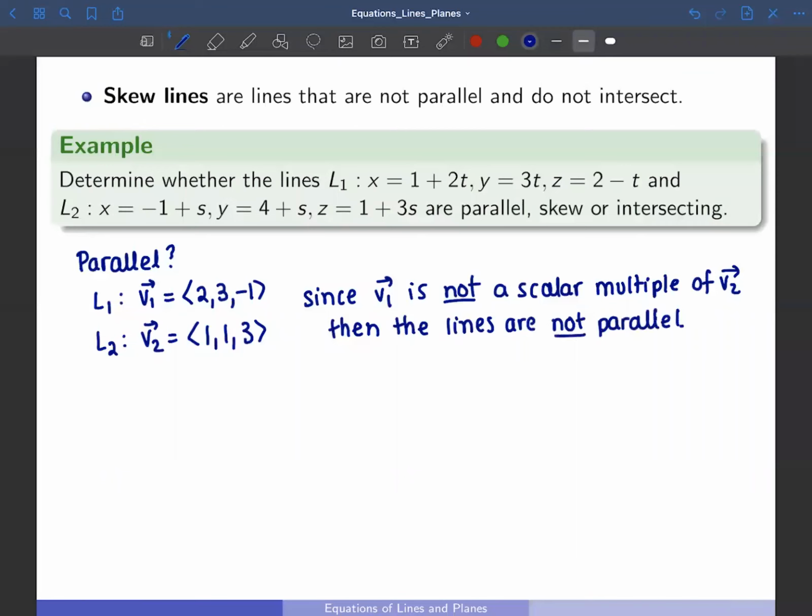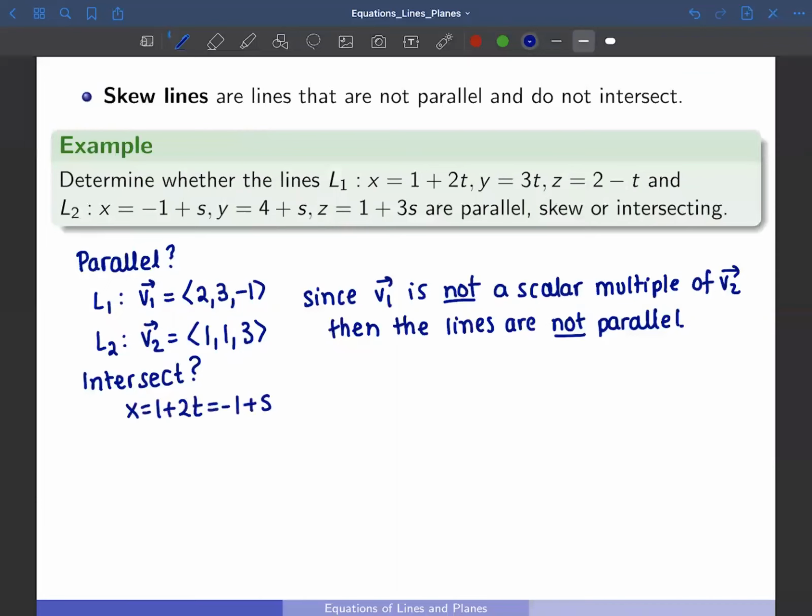So let's now check whether the lines intersect. In order for the two lines to intersect, there should be a point with coordinates x, y, z, where the two lines intersect. And in this case, the x, y, and z will be equal between the two lines. So we have from the first line that x is equal to 1 plus 2t, and this is equal to negative 1 plus s.